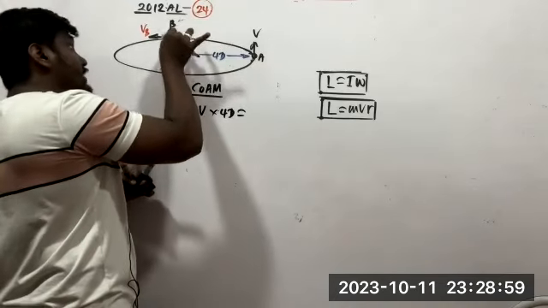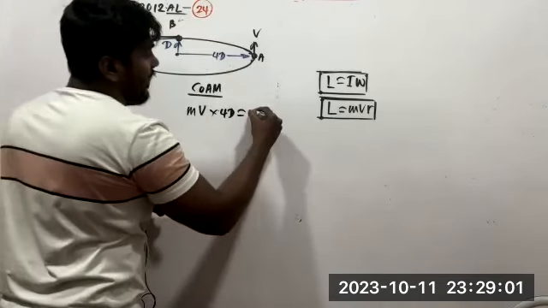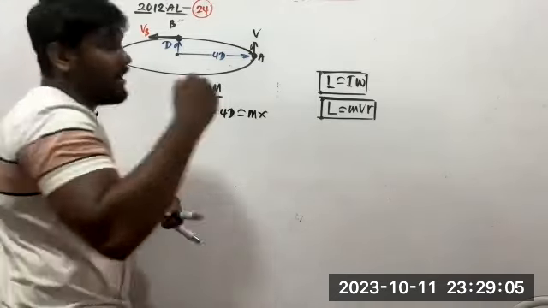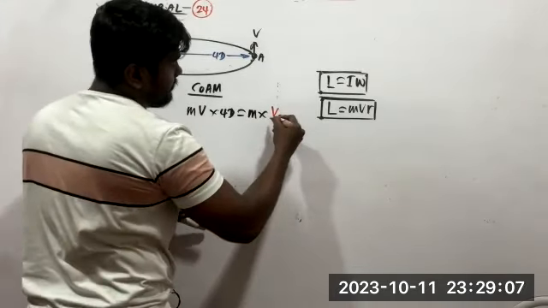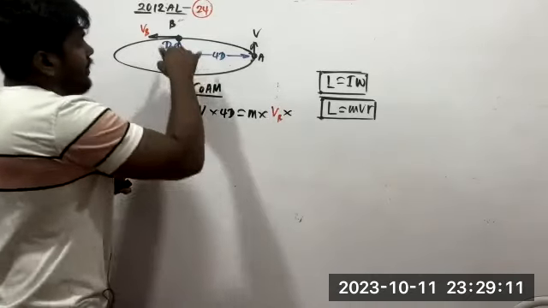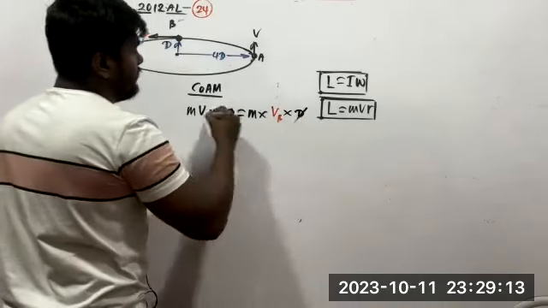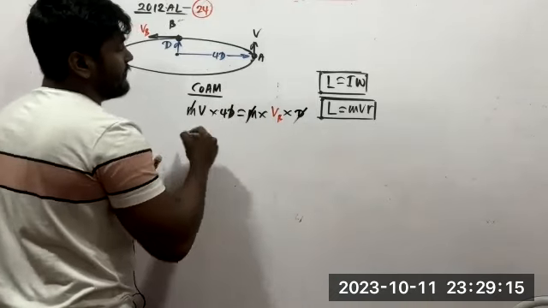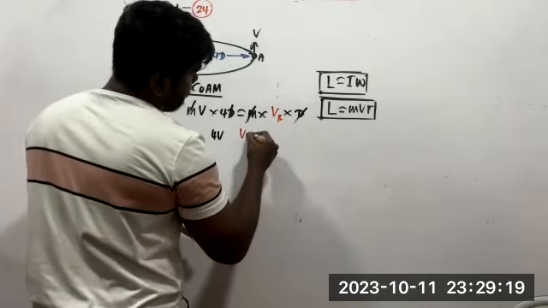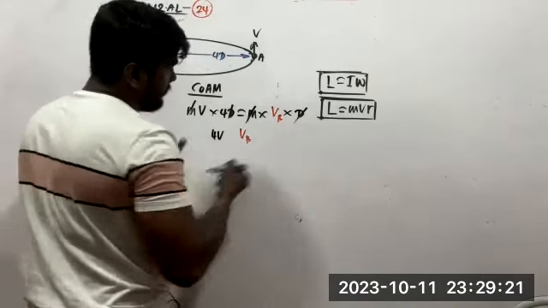At point B: same mass, velocity V_B, which I want to find, distance D. D cancels out, so V_B equals 4V.